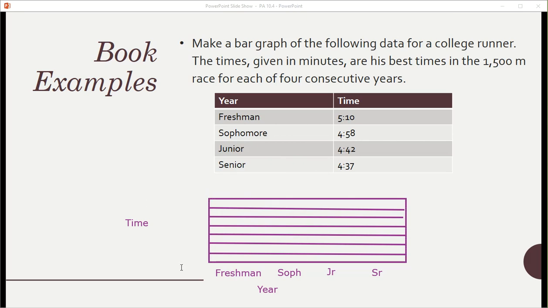So for our times, see if I can write it small enough down here for you to be able to see it. We're going 4 minutes and then up by 15-second intervals. So 4:15, 4:30. That way, as we make our graphs, it's very easy for each bar to be able to tell which number corresponds with it.